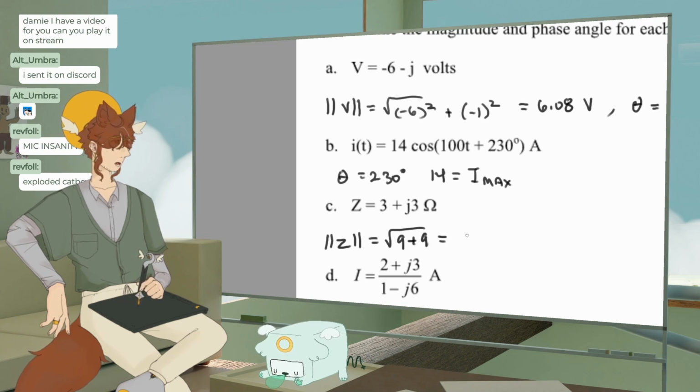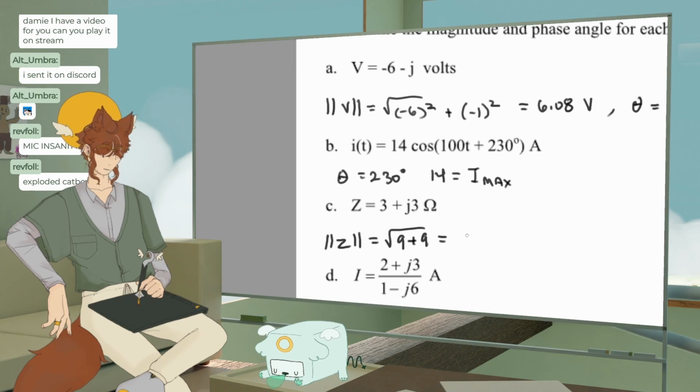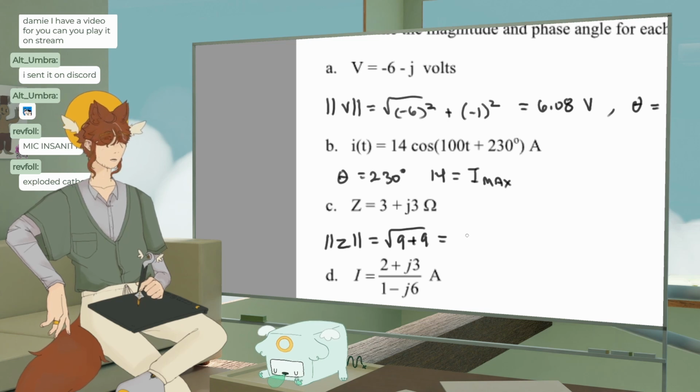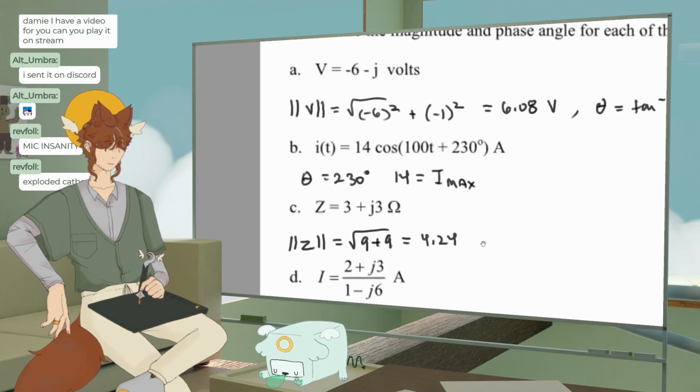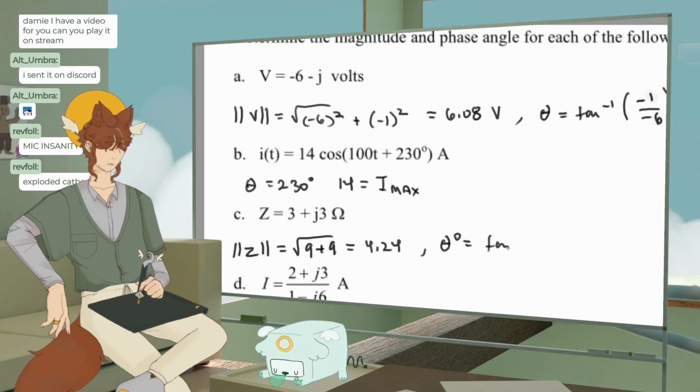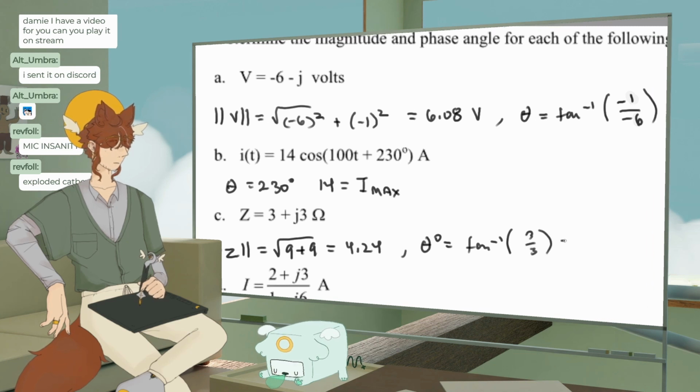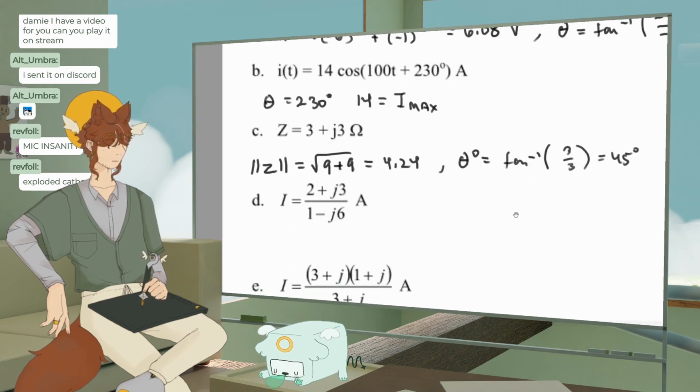What's the square root of 18? Anybody want to check this one off the top of their head? 4.24. Sorry, that's good for you. And then theta equals tan inverse of 3, so that's going to equal 45 degrees.